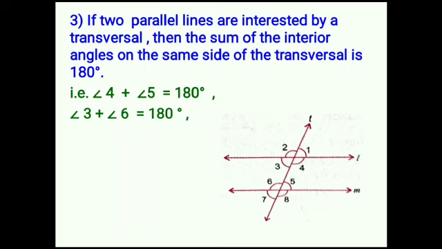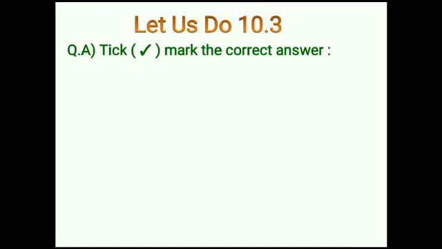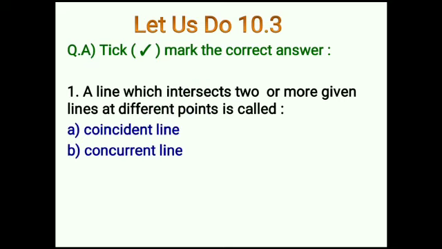Now let's solve exercise 10.3. Question A: tick mark the correct answer. A line which intersects two or more given lines at different points is called: option A, coincident line; option B, concurrent line; option C, transversal; option D, none of these.